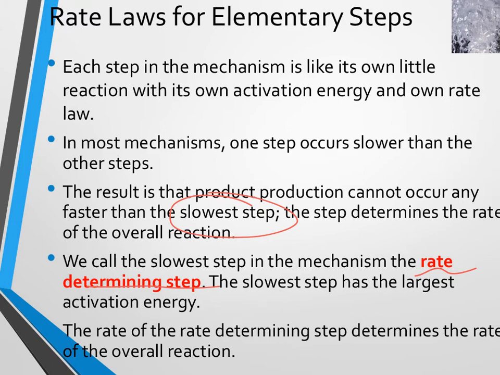Just like if you were running a relay race, if you had a really slow person in the middle of your relay race, it really wouldn't matter how fast you ran, because this person would be a bottleneck and determine your overall ranking in the race. Same thing in a chemical reaction. The slow step serves as a bottleneck, and it basically determines the rate of the entire reaction.